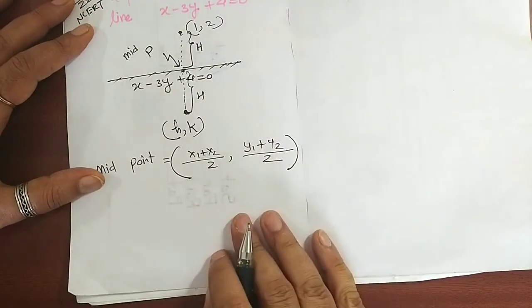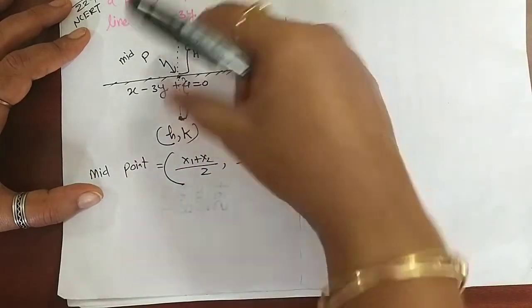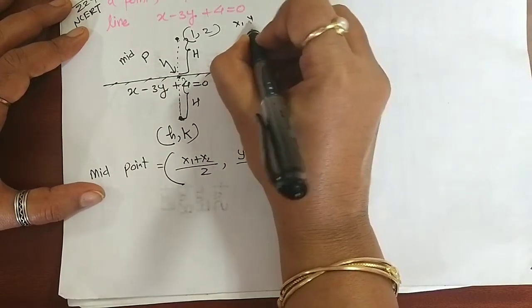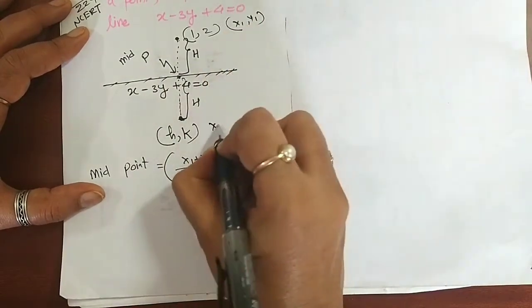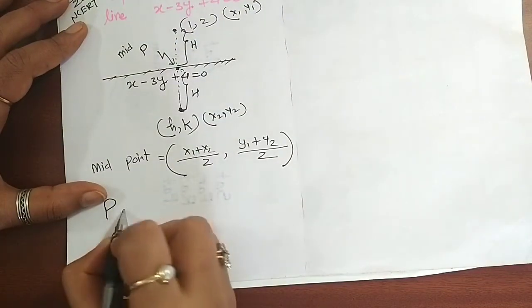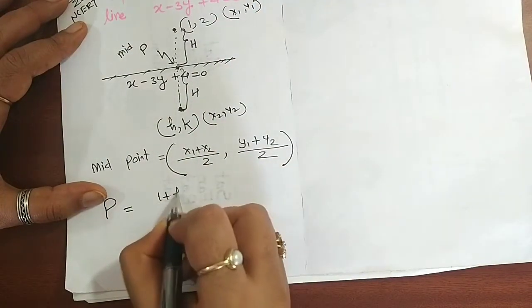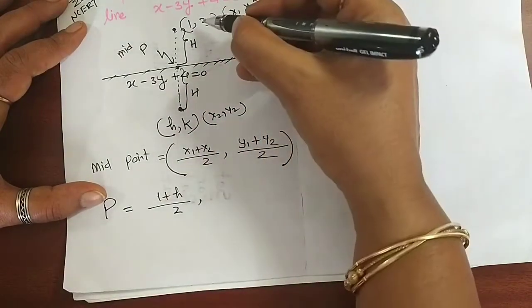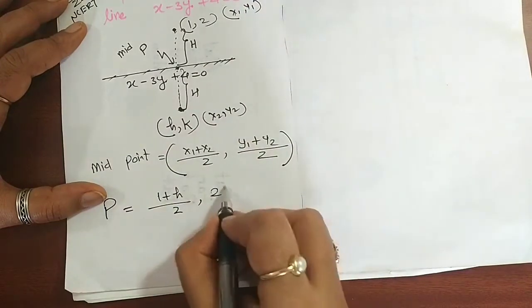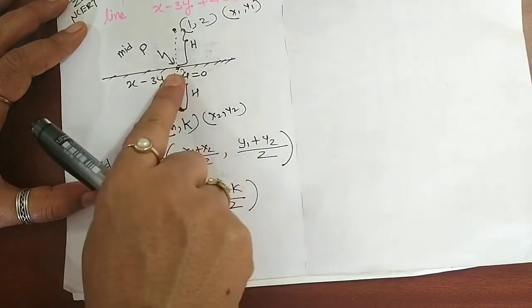Suppose this is my x1, y1 and this is my x2, y2. If I apply this formula, my point P will be (1 plus h) by 2 and (2 plus k) by 2.